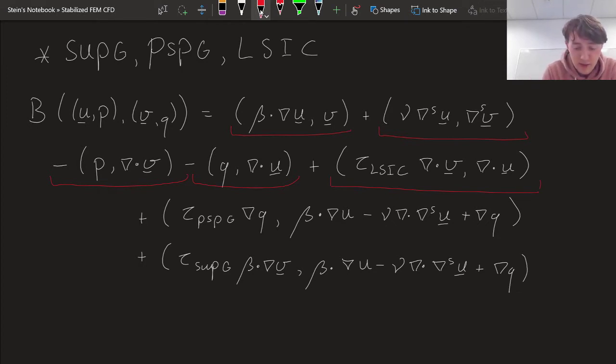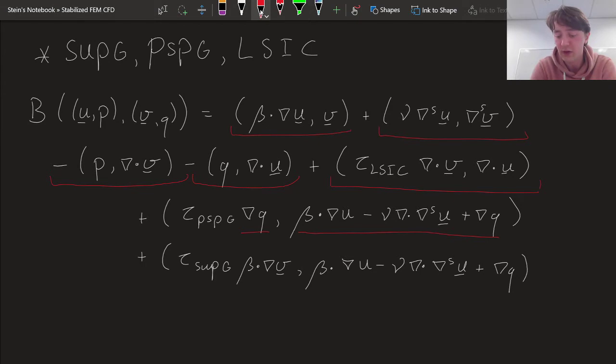We have our pressure stabilized Petrov-Galerkin on a gradient of q multiplied by the residual of the momentum equation. Well, that one has also become quite lengthy right now. The residual of the momentum equation now also involves this advective term, right?